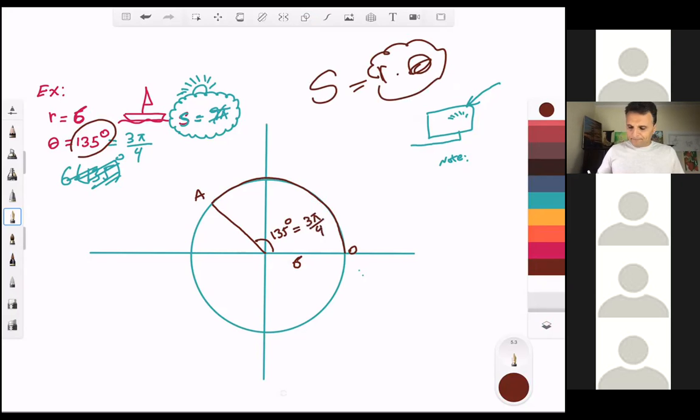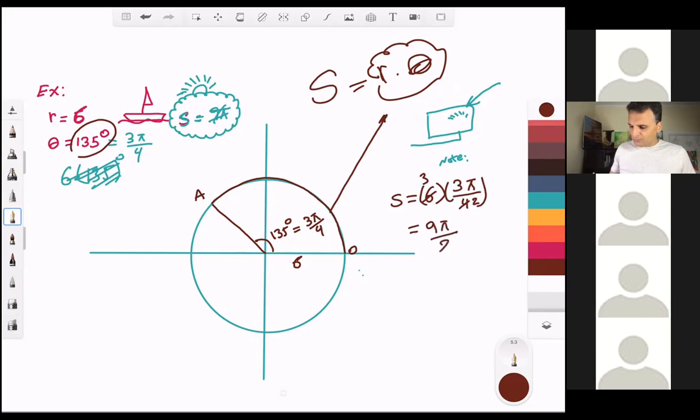Then you plug it into this formula, then S will be 6 multiplied by 3 pi over 4. If you simplify, 6 is 3 over 2. So you were right, 9 pi over 2.